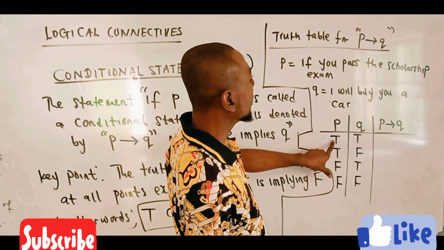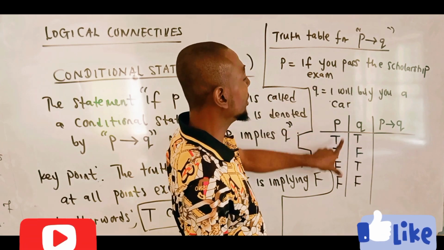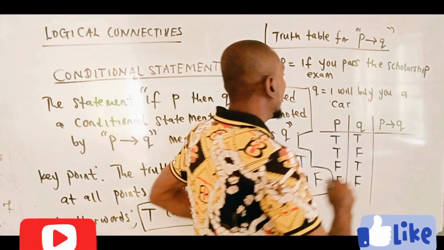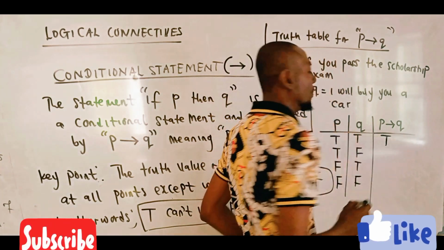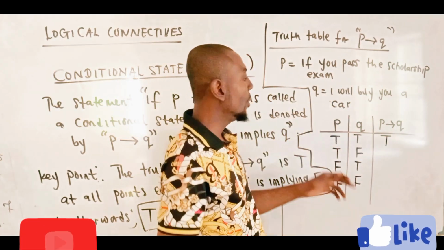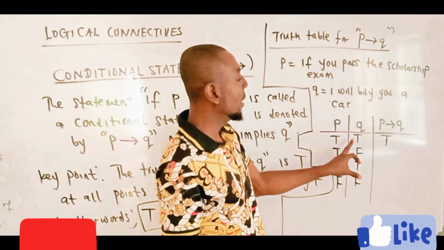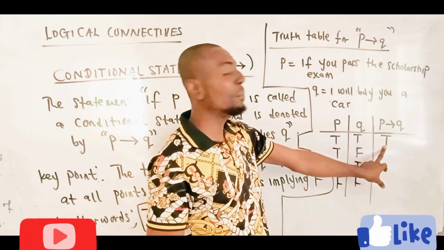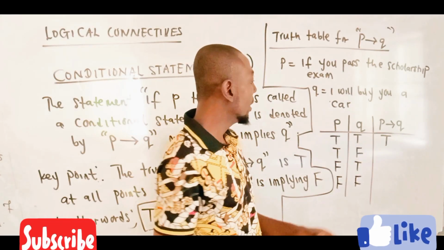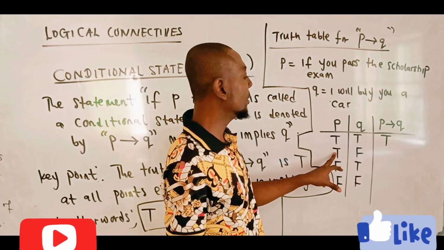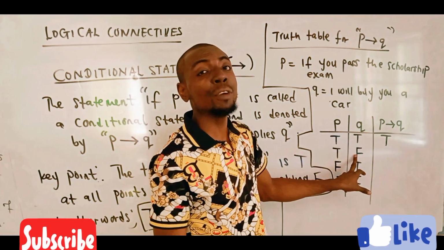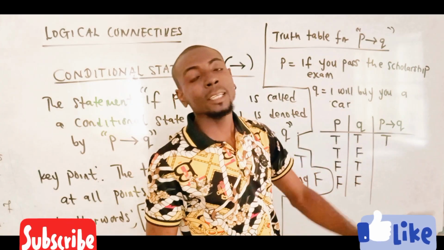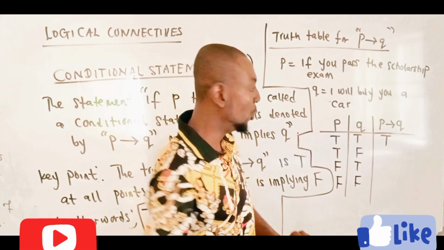Here, T means you passed the scholarship exam and I bought you a car. Meaning that P implies Q is what? True. Coming here, you passed the scholarship exam and I failed to get you a car. It means that the statement P implies Q has failed.